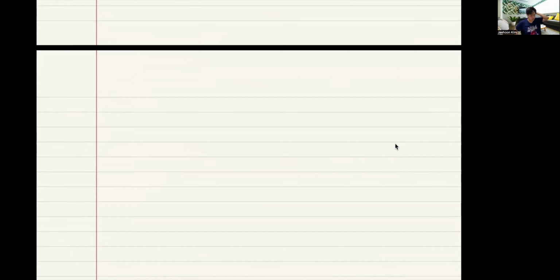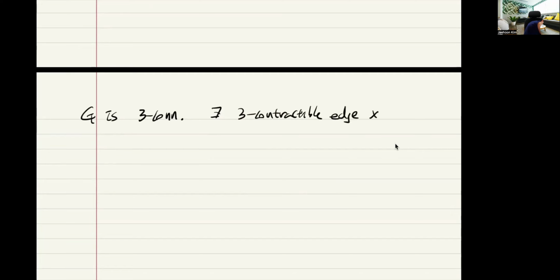Okay, now what? Our plan is to assume there is a minimal counterexample for Kuratowski's theorem. Then the previous lemma said that it is three-connected. And we know that there exists a contractible edge xy.